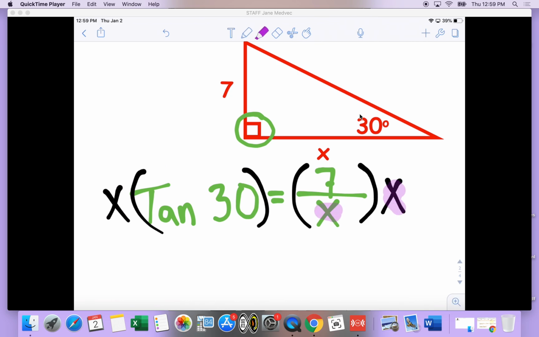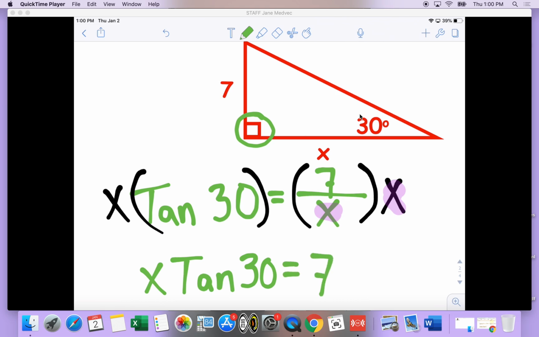It gets rid of them. And so what I have left over then is x tangent 30 equals 7. So I got rid of the x in the denominator. That's what that did.